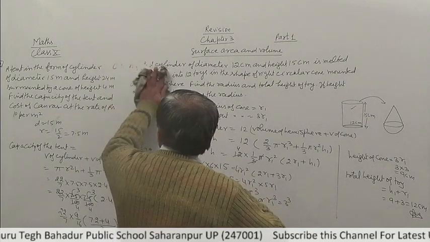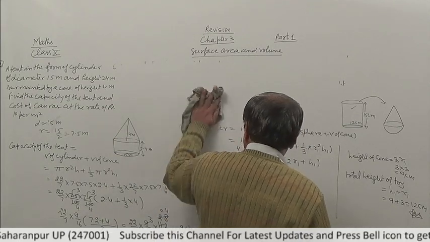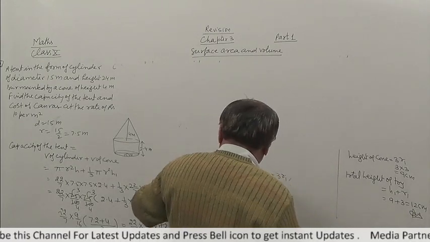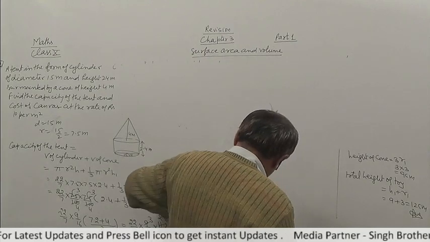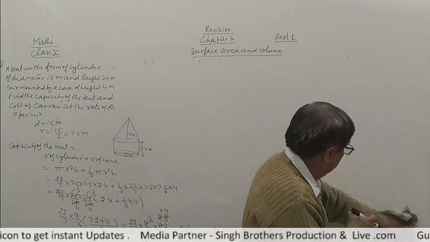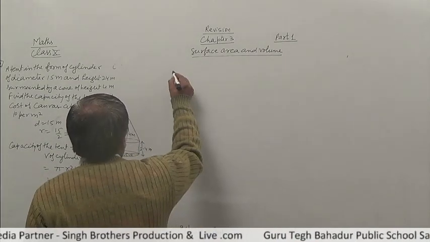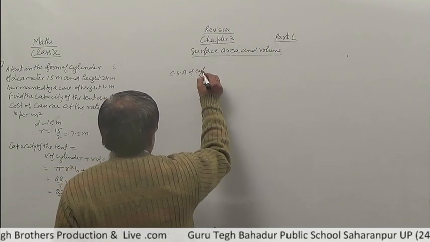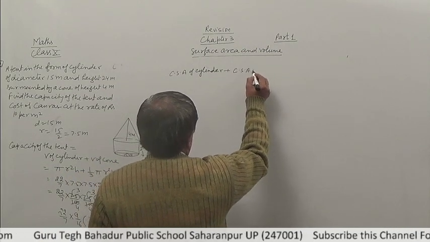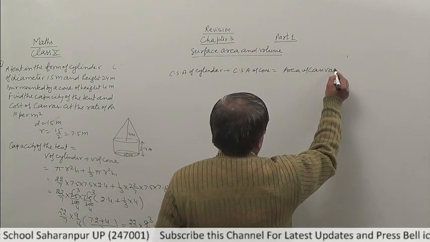Now see the cost of canvas. Curved surface area of cylinder plus curved surface area of cone is equal to area of canvas required.